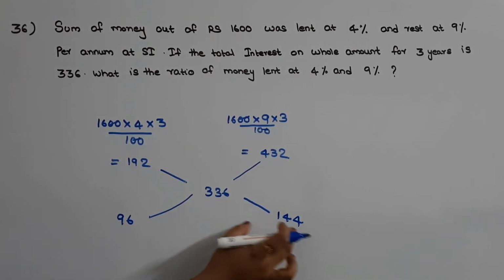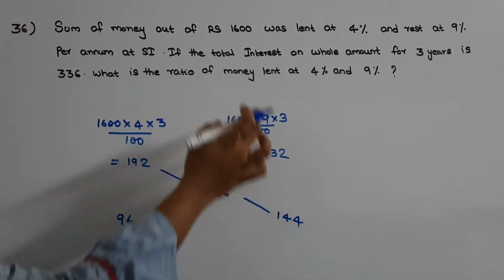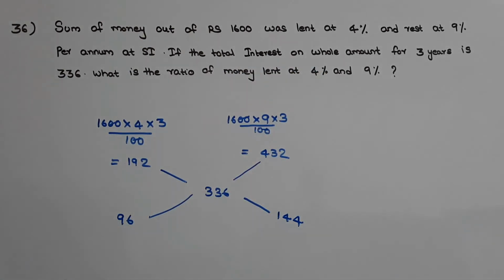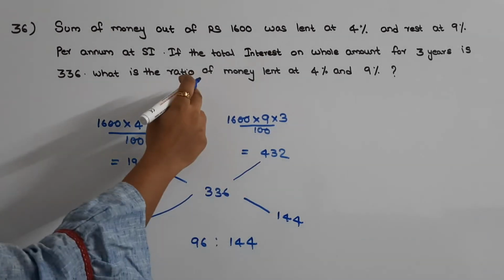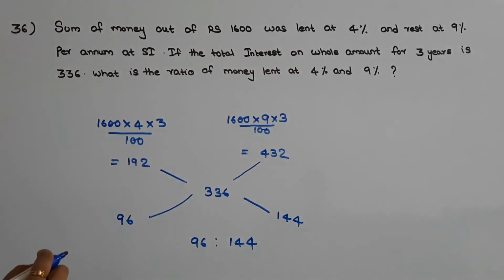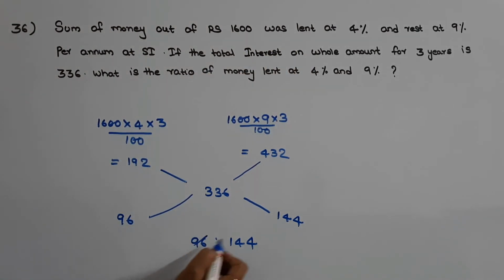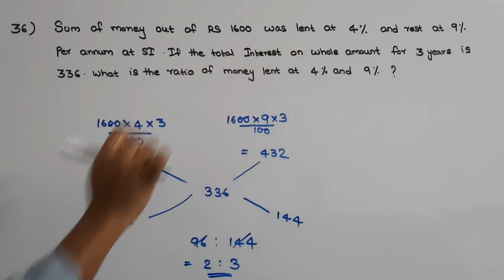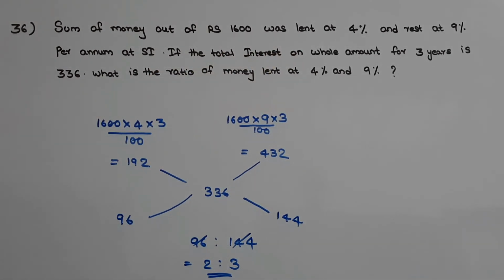Now this will be the ratio of money lent at 4% and 9%. That is 96 is to 144 is the ratio of money lent at 4% and 9%. So on simplification, you will get the answer as 2:3. So this is how you can find easily the ratio of money lent at 4% and 9%.